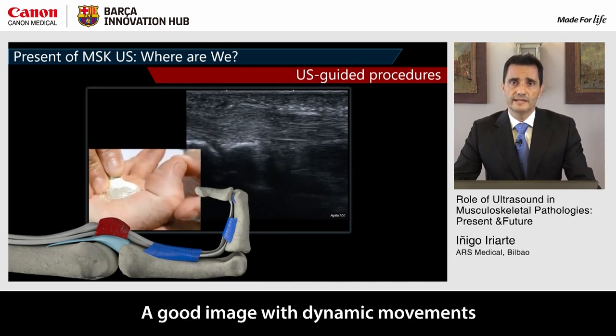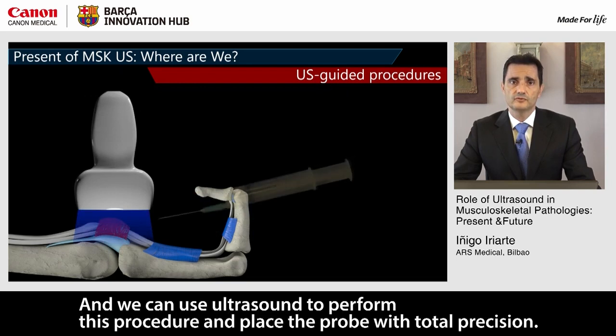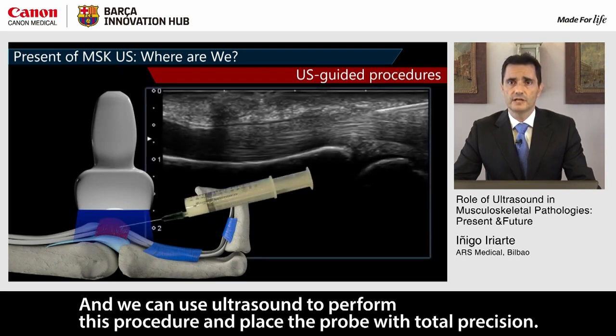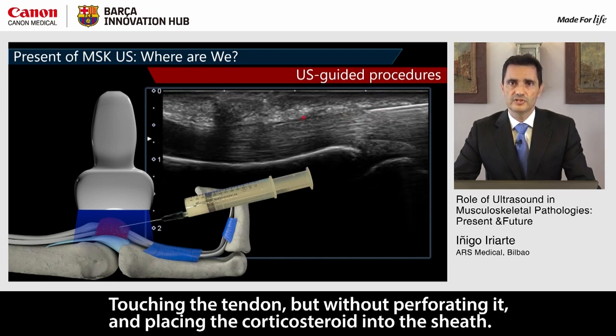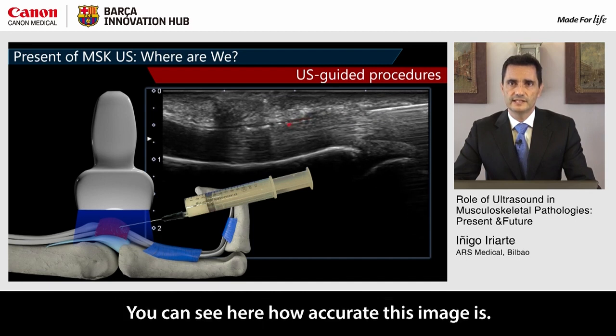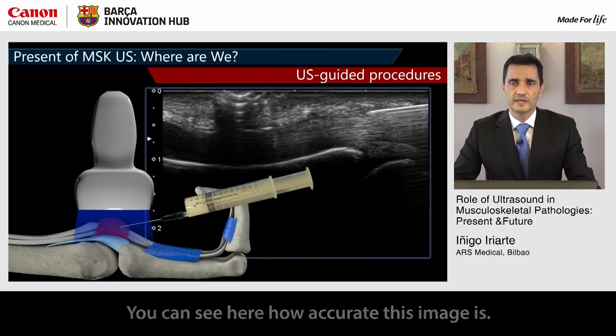A good image with dynamic movements, and we can use ultrasound to perform this procedure and place the needle with total precision, touching the tendon but without perforating it, and placing the corticosteroid into the sheath. You can see here how accurate this image is.